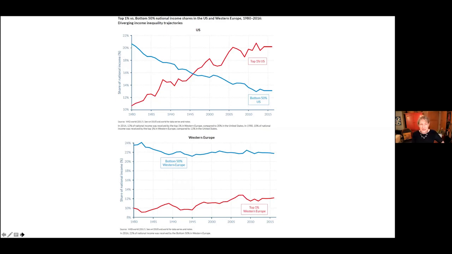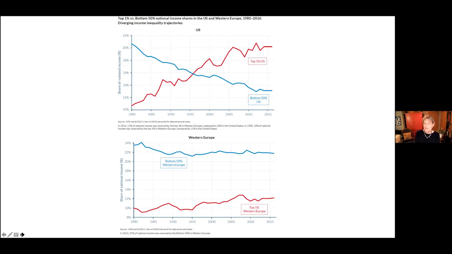Going back to 1980, in the US and Europe we roughly had similar distributions, with the top 1% having about 10% of the national income in 1980, and the bottom 50% having between 20 and 25%, very similar.